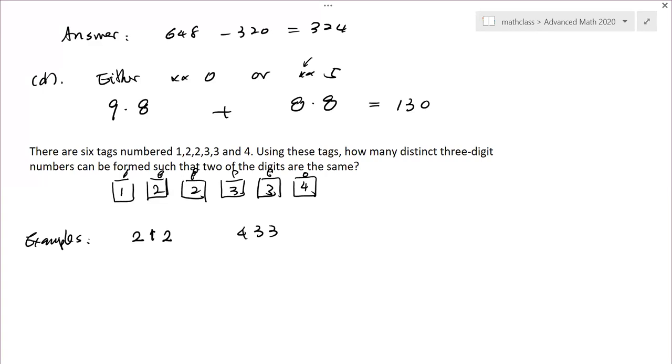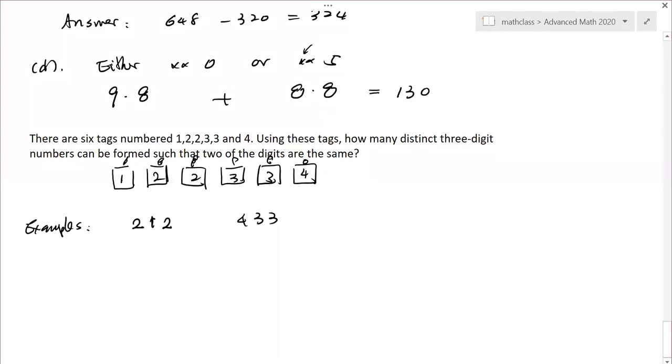First of all, figure out the 3 possible patterns: AAB, ABA, and BAA. Here A could be either 2 or 3, right? Since there are two 2s and two 3s.